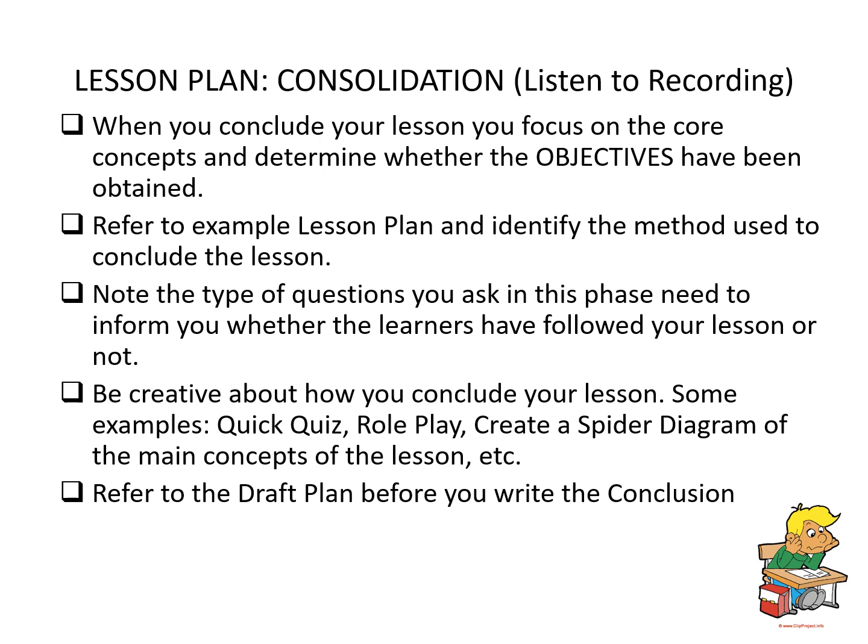When you write the consolidation phase of the lesson, mention what questions will be asked. Also mention what resources will be used and how they will be used to ascertain that learners have understood the lesson.